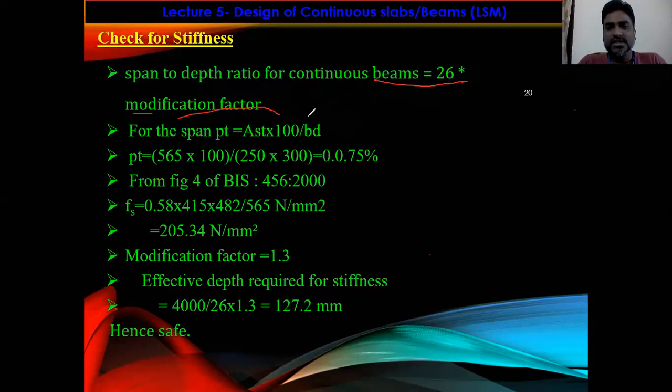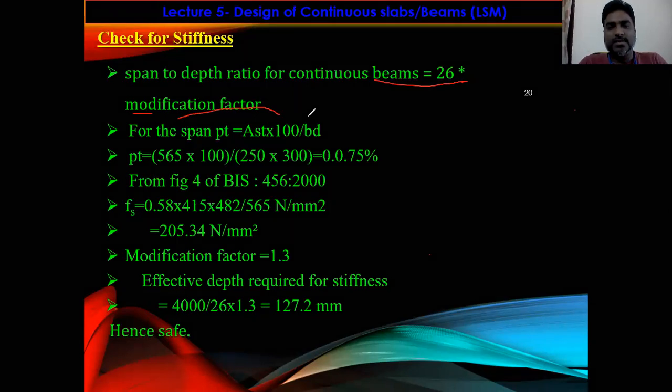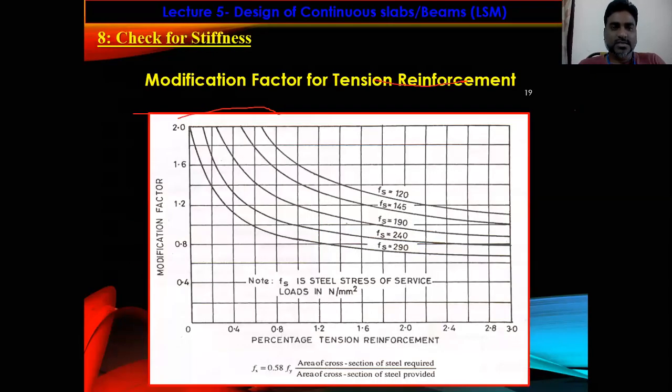That f_s is nothing but 0.58 × fy × area of steel required by area of steel provided. From the graph in IS 456, you can determine the modification factor, right? Before that, you need to calculate the percentage of tension reinforcement and f_s.